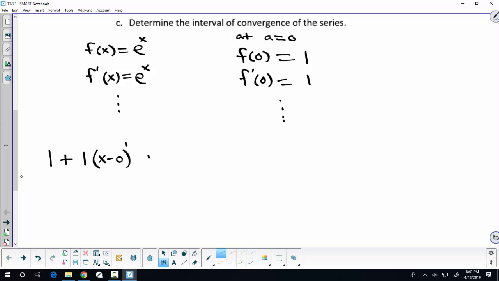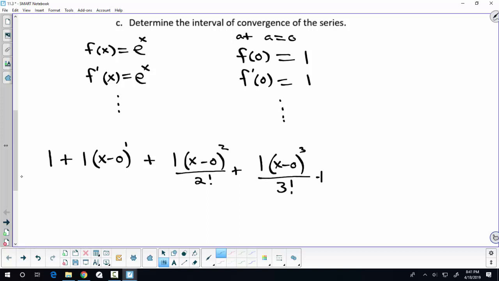And we continue that pattern, plus the second derivative's coefficient times x minus 0 squared over 2 factorial, plus the coefficient from the third derivative times x minus the center cubed over 3 factorial, etc., etc.